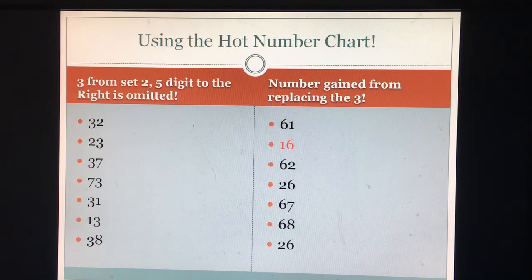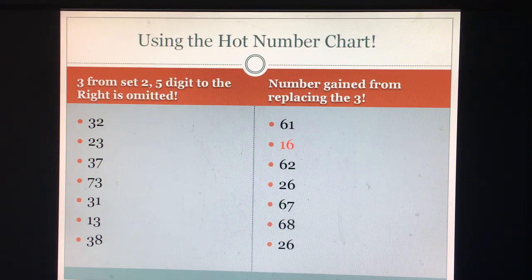Even though those numbers are not recurring numbers from the last draw, 16 is a hot number. Due to the fact that 16 is a hot number, you only have a 6 number advantage versus a 7 number advantage. Since 16 is a hot number, it's prevented from being picked from the hot number chart.